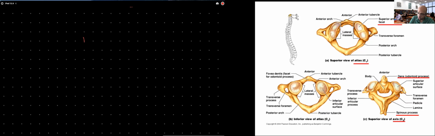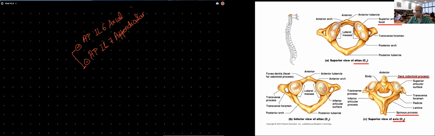This is the name of the file, APIL 6 axial and APIL 7 appendicular. Those are going to be the PowerPoints for the upcoming lab exam.